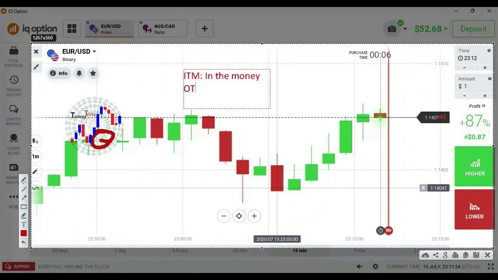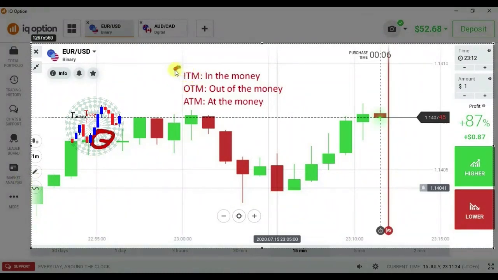You will have OTM, meaning out of the money. Okay, so there are actually three, like ATM, at the money. So in the digital option, they don't have this option, no ITM, only OTM and ATM. Meaning, for example, you have opened a higher option here.